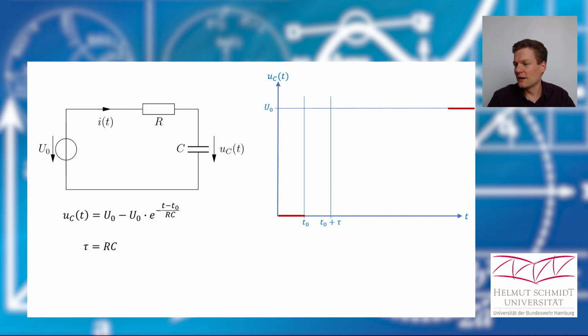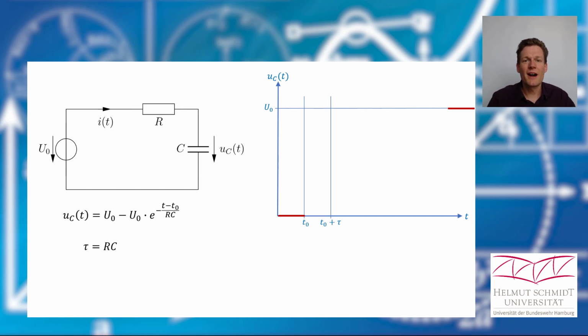So our time constant has the unit seconds, and we draw there t0 was the moment where we closed the switch, and then we wait the amount of time of tau and draw this time in our graph too.